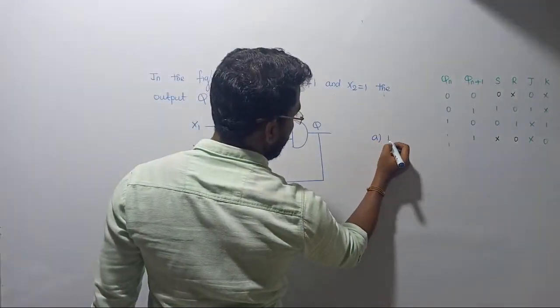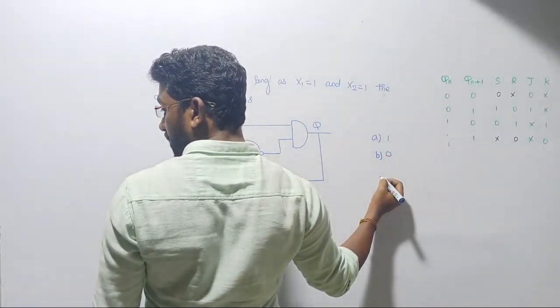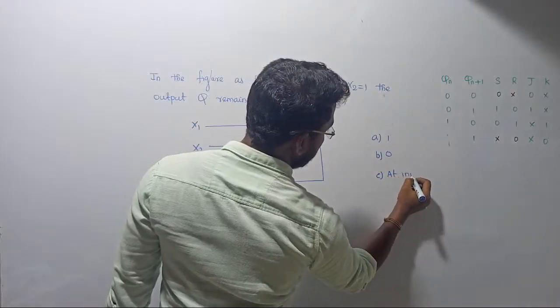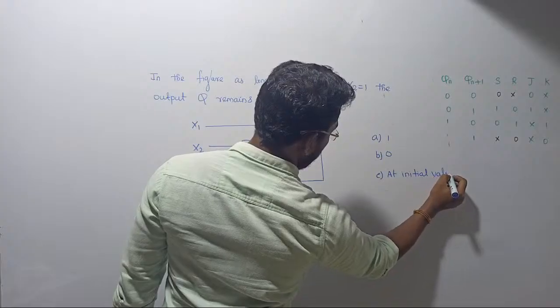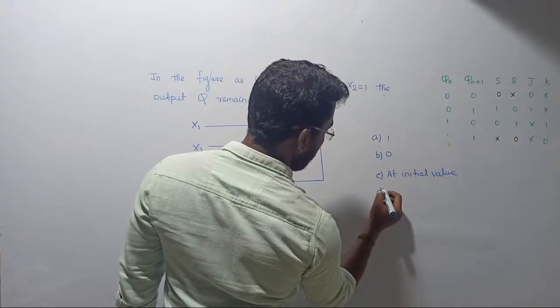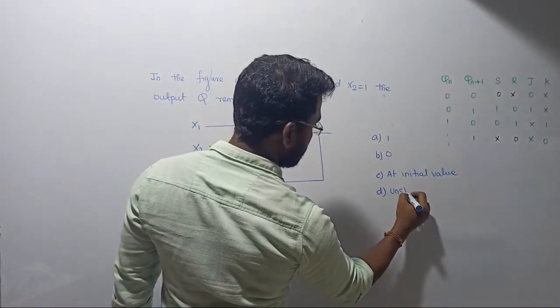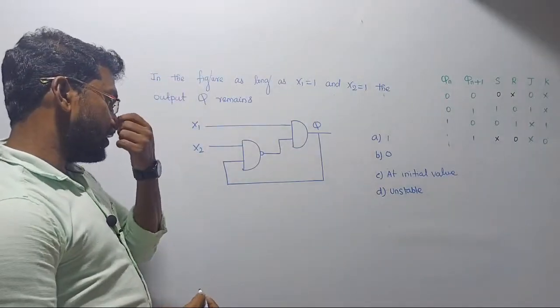Option A is 1, option B is 0, option C is the initial value, option D they said unstable.